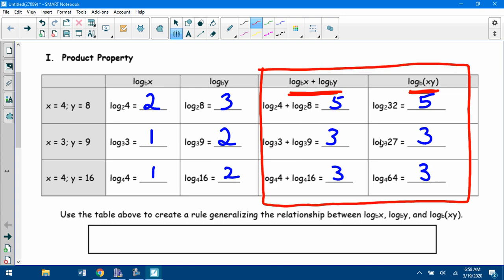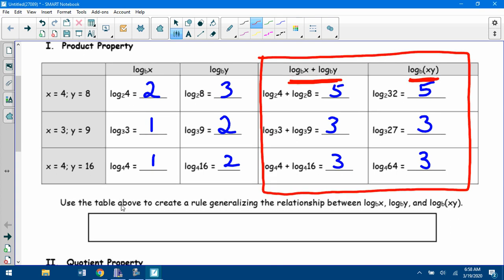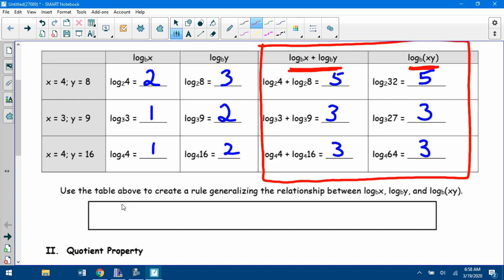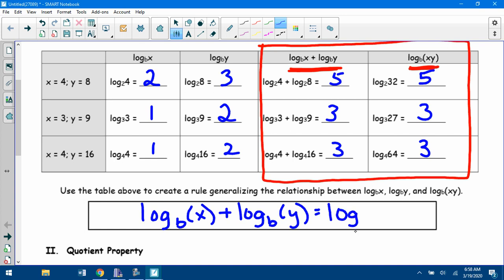3 times 9 is 27. 4 times 16 is 64. So this is our first log rule. If I have log base b of x plus log base b of y, that's the same as log base b of x times y.